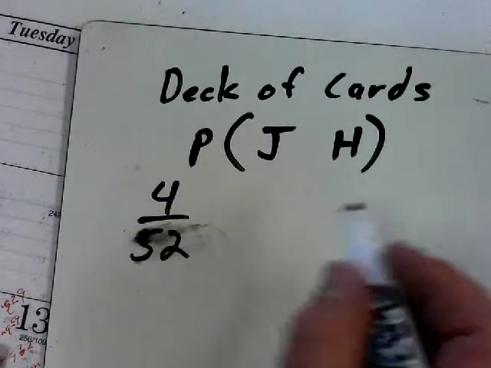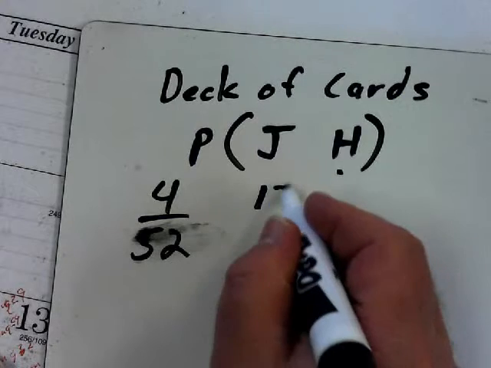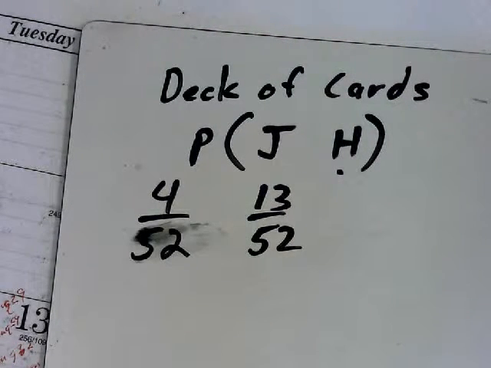What is the probability of drawing a heart? 13 out of 52. There are 13 hearts, 13 spades, 13 clubs, 13 diamonds, right? Okay?